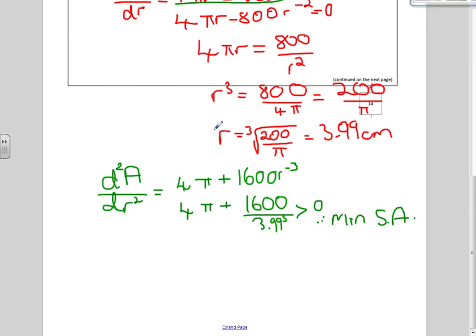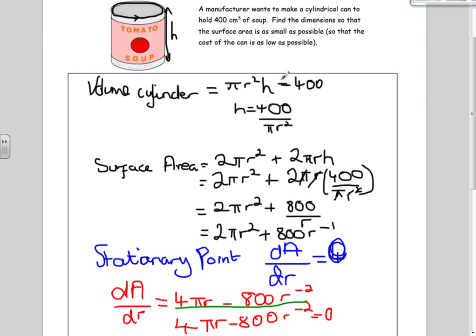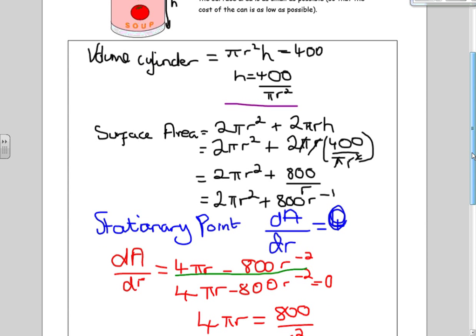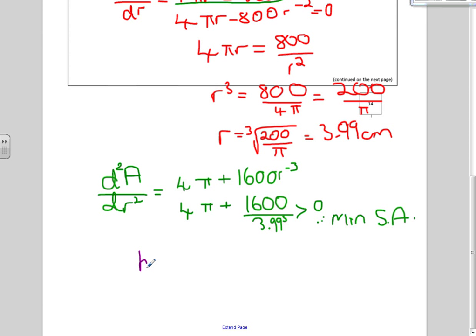Now I need to substitute my r back into my equation for h, all the way at the top, to find the height of the can for the minimum surface area. That's using h equals 400 over pi r squared.